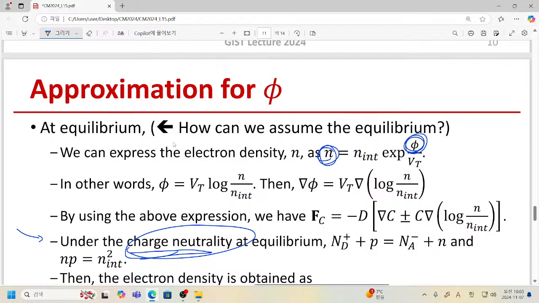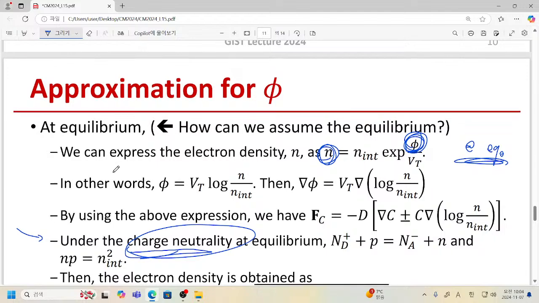When you know electron density, then you immediately know electrostatic potential under the condition of equilibrium. When you have an equilibrium case, then you have a one-to-one correspondence between your electron density and electrostatic potential. Okay, so you must understand this is really a crude approximation.